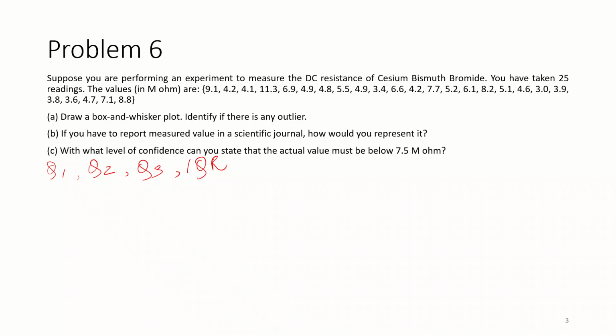Sir, here one value is repeated, 4.9 twice.